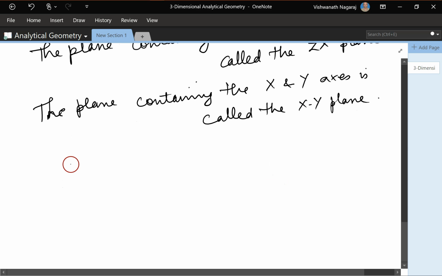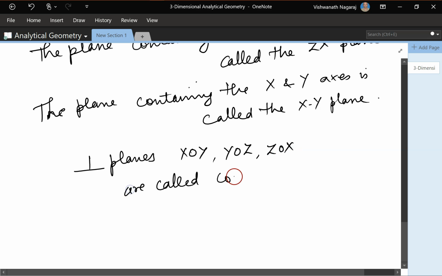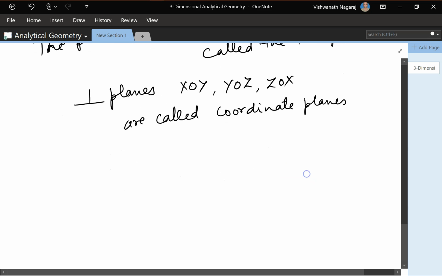Now, these 3 mutually perpendicular planes, that is XOY, YOZ and ZOX, are called coordinate planes.